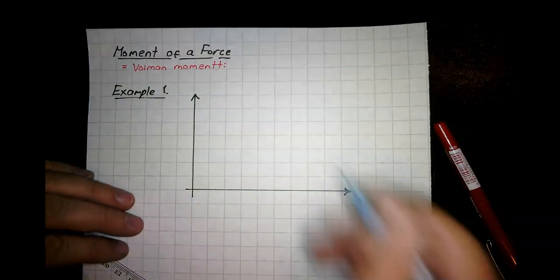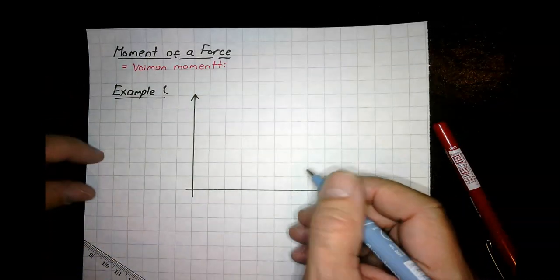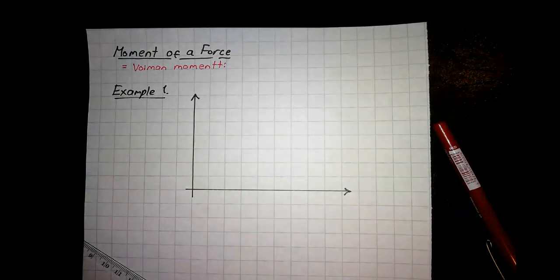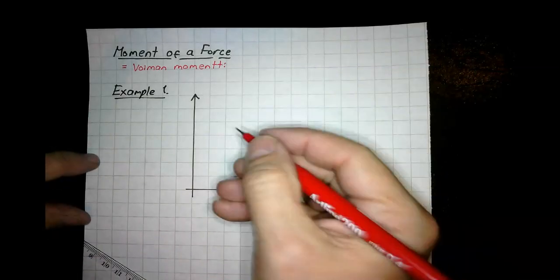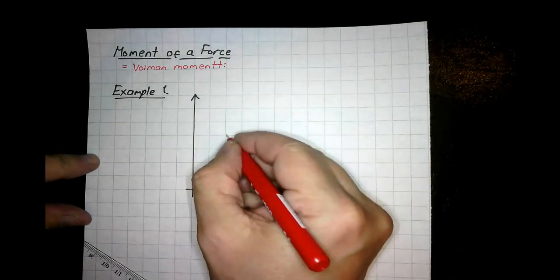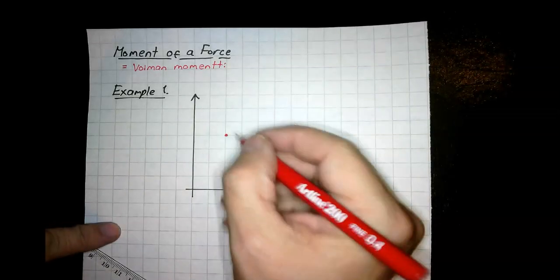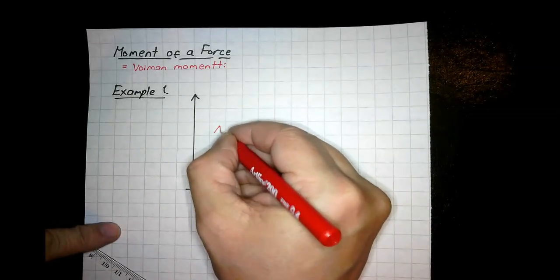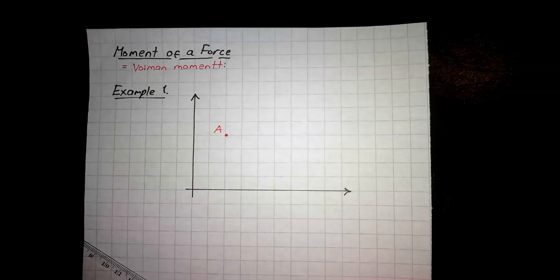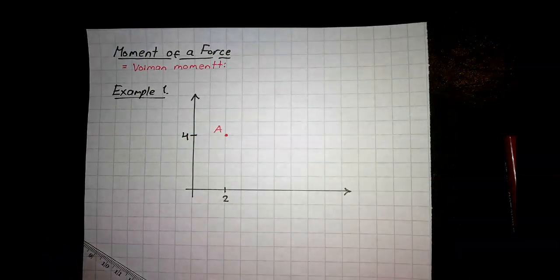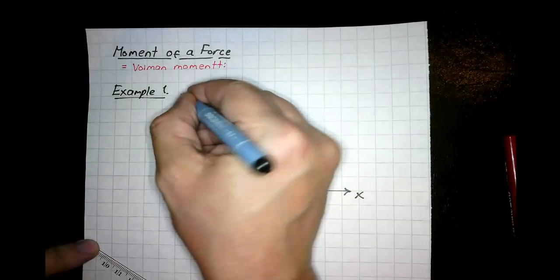And I will have a point there. Let's choose this point here, and this will be point A. The coordinates of that point are 2 and 4. This is X and this is Y.